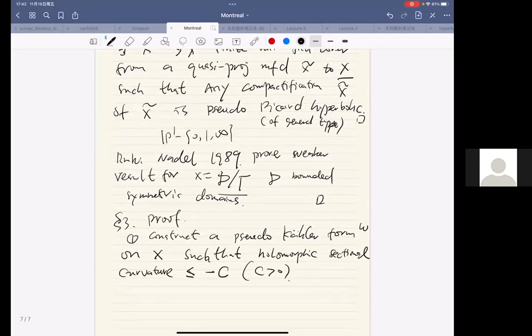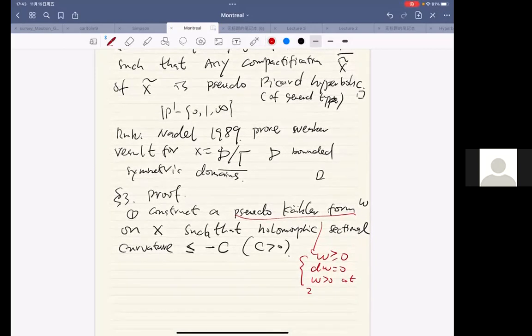By pseudo-Kähler form, I mean omega is semi-positive, closed (d omega is 0), and strictly positive over some Zariski open set.